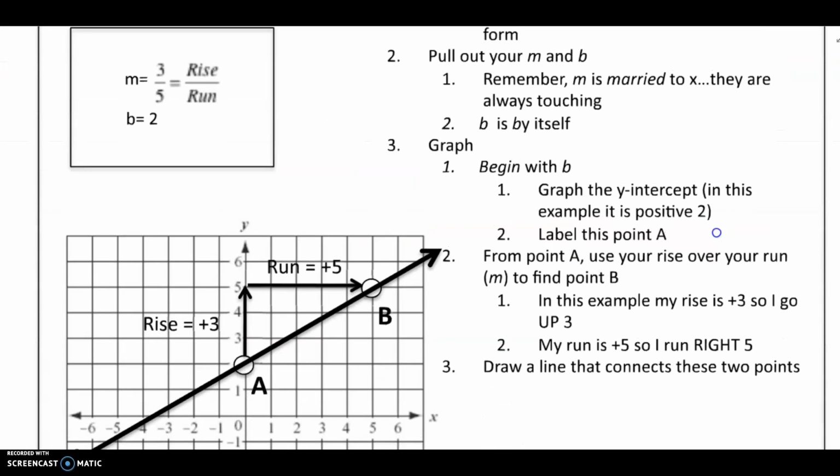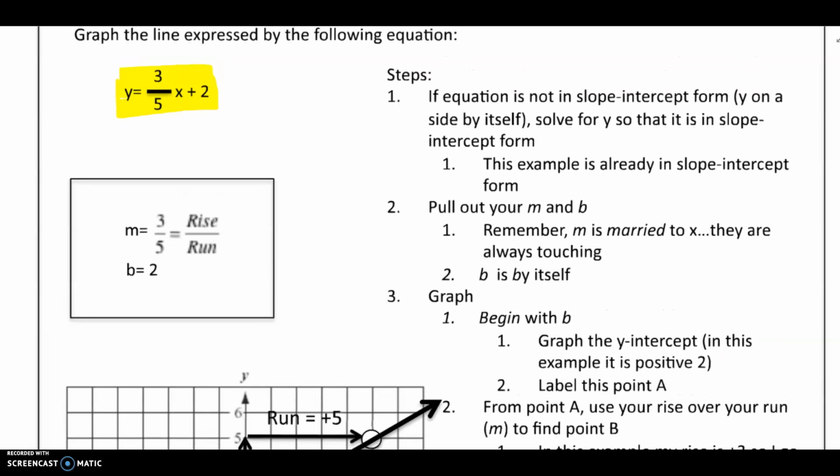Slope is green. So the slope is always going to be the number that's married. So our m value is married to the x value. They're always attached. They're always together. They are always connected. And then our b value, our y-intercept, is going to be by itself.